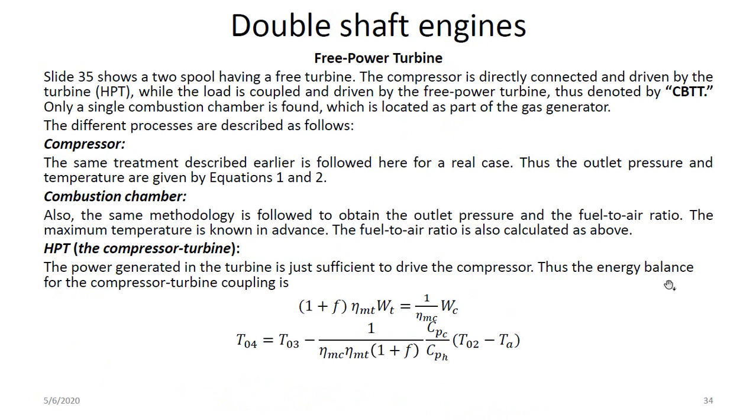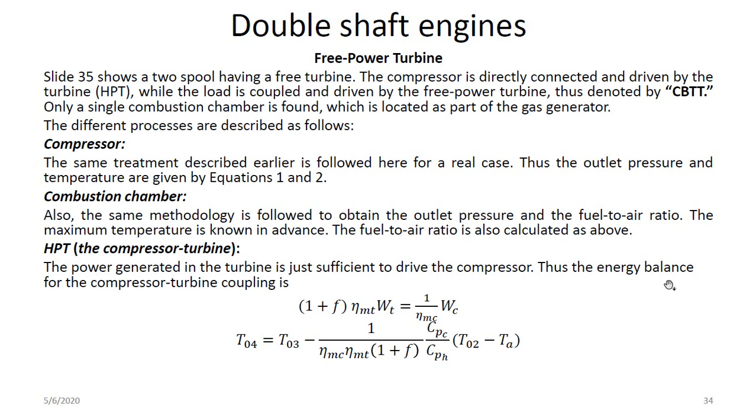All right, so we've just been looking at single spool or single shaft engines. Now let's look at double shaft. So slide 35, the next slide, is an illustration of a double shaft industrial gas turbine.